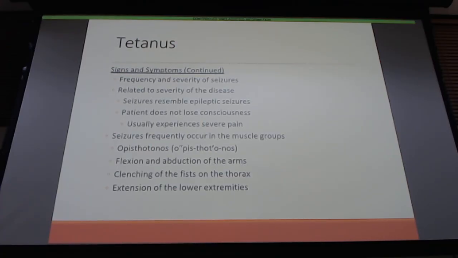Right? So here's a whole bunch of things that can happen: frequency and severity of seizures. There's a whole bunch of different seizures that you have there. The problem with this case versus an actual seizure patient is that this person feels everything that's going on. They don't have that lucency that a standard seizure patient will have.